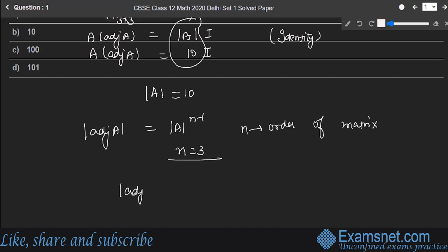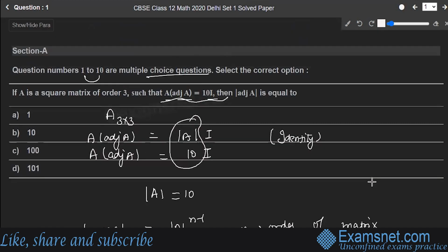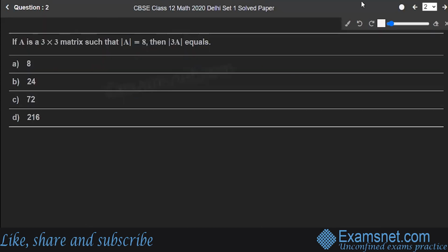That means determinant of adjoint A is equal to determinant A raised to power 3 minus 1, or this is equal to 100. So you have option C as your correct answer. Hope you understood that. Let's move to the next question.